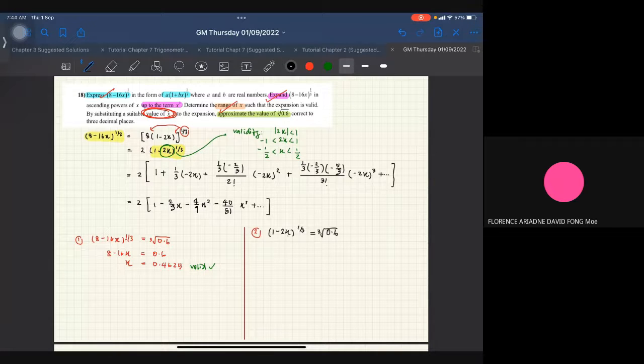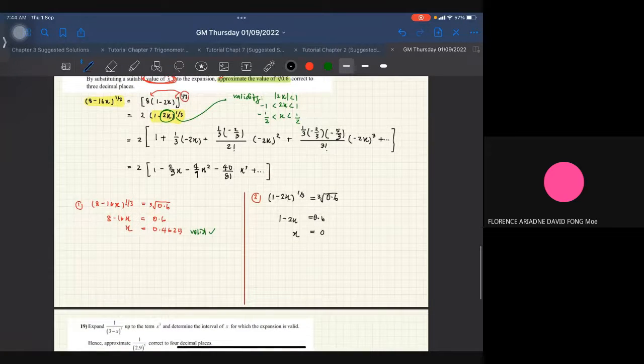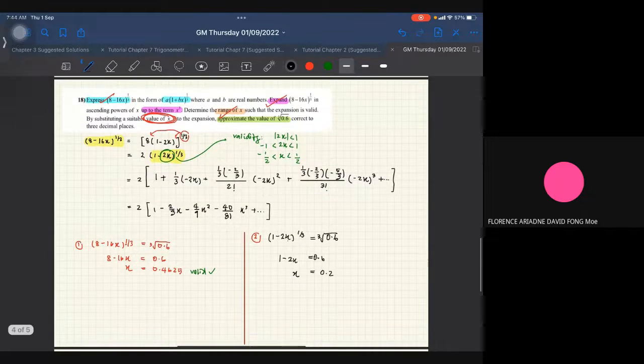Okay, so bila kita compare, saya akan dapat 1 tolak 2x sama dengan 0.6. So, I get my x is equal to 0.2. Okay, so adakah value ini dalam range kita? Yes. Yes, betul, exactly.